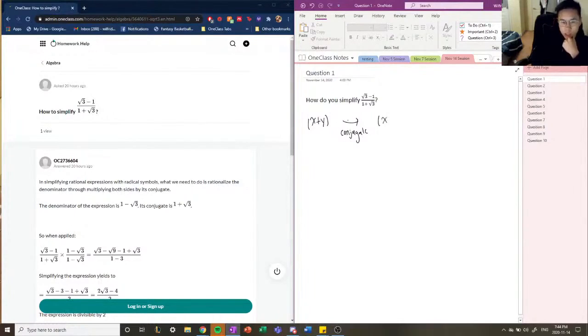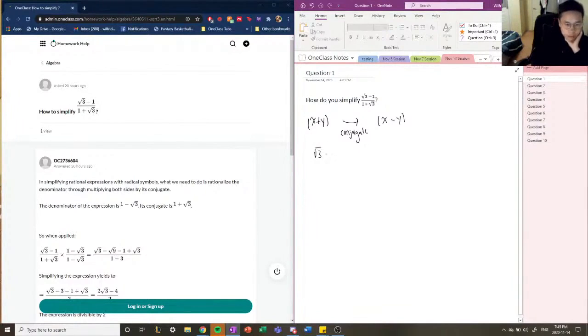So the conjugate of x plus y would be x minus y. The really useful thing about a conjugate is that it helps to reduce and simplify the denominator, which is very hard to do normally. By doing so, we can come up with a simplified form of this more complex term. So let's try to simplify it.